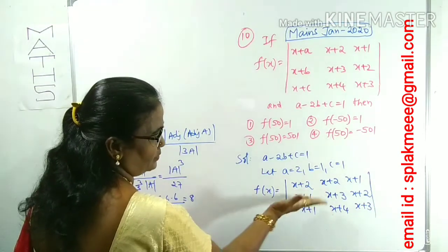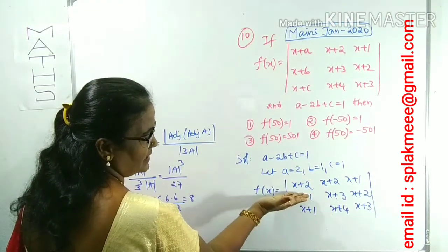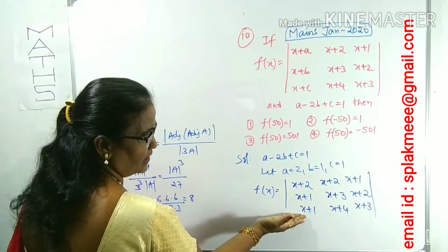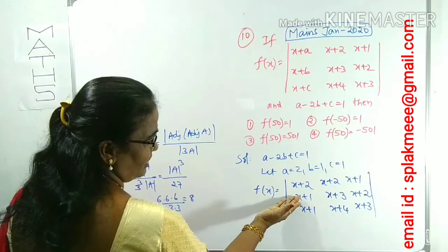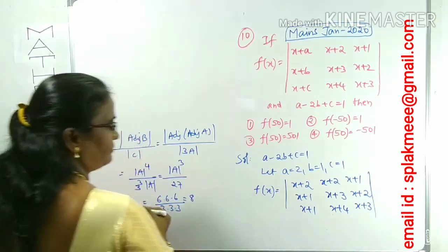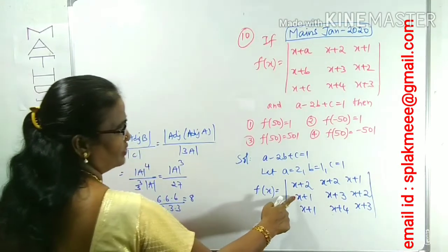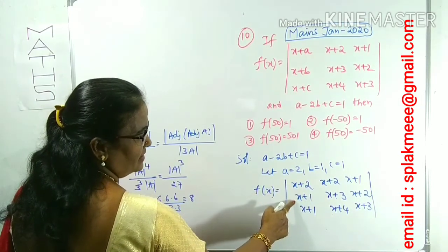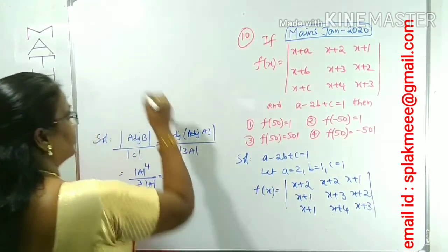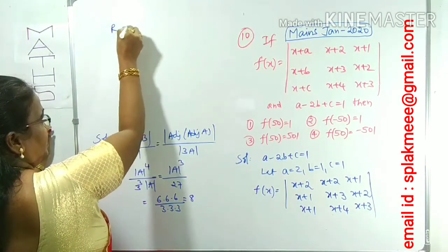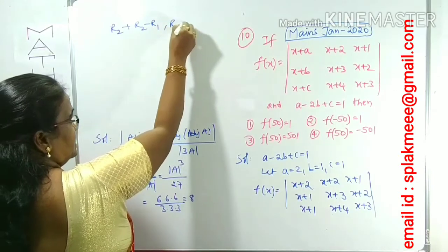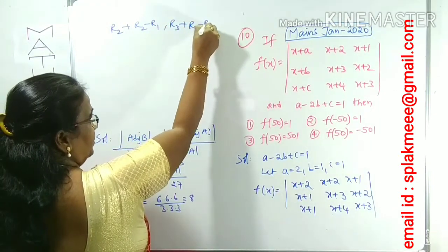You know, maybe R2 also we can use. Maybe you can use like this also. Okay, what am I using? R2 minus R1 and R3 minus R2 I am using. R2 is replaced by R2 minus R1 and R3 is replaced by R3 minus R2.